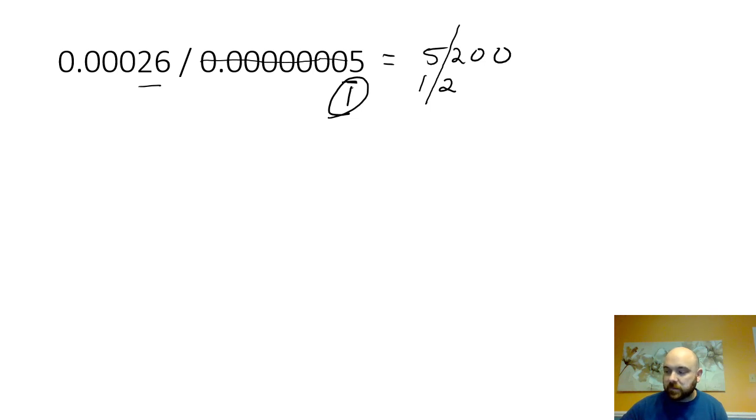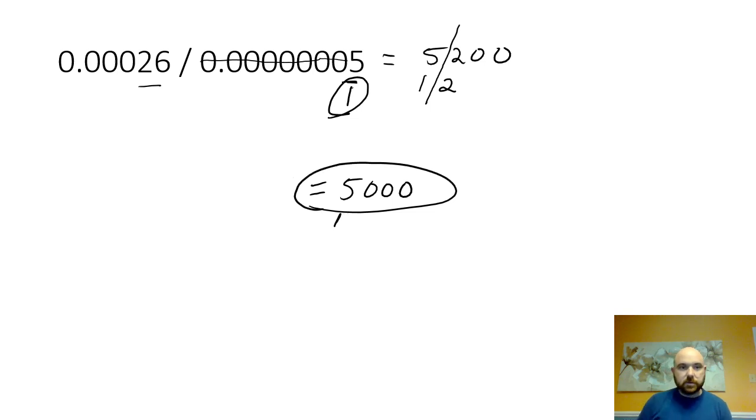That's decided. This is lower than 5, so it stays the same. So the answer there is actually 5,000. 5,000 only has one significant figure right here, and then these zeros are not significant because there's not a decimal in the number. So the answer is 5,000.